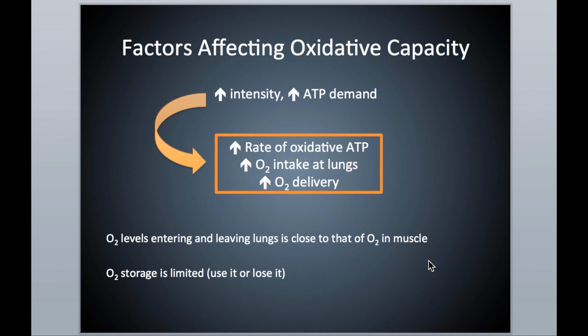So if you're creating more ATP oxidatively, you need to increase the oxygen intake at the lungs. Therefore, our breathing increases, not only our rate of breathing, but the volume of each breath gets larger as well. We're also going to increase the oxygen delivery. In this case, the heart rate's going to go up.